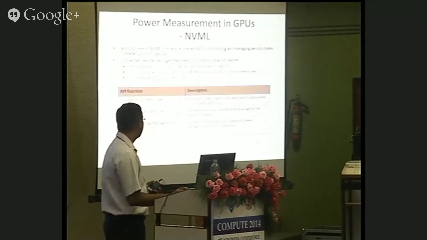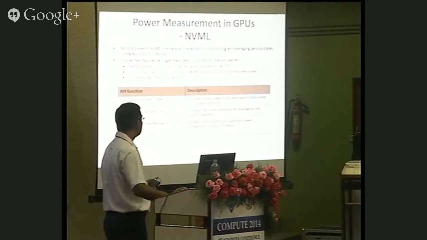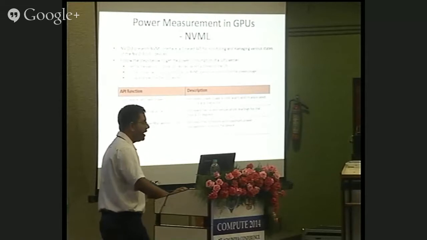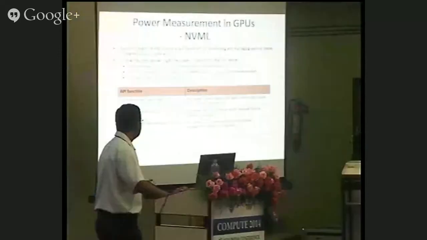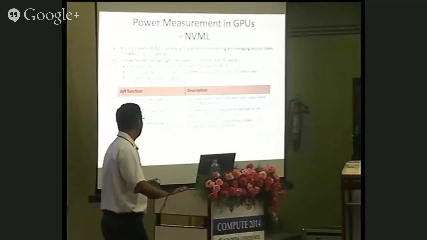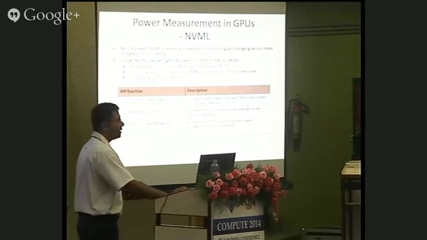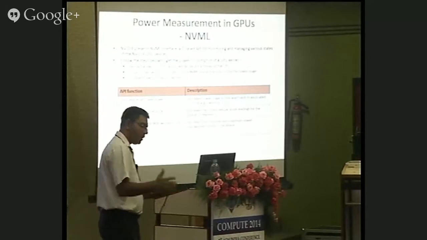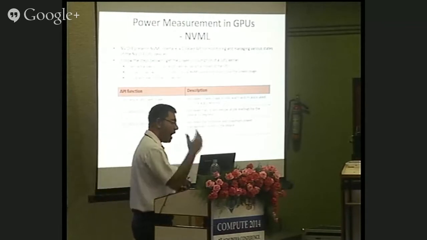If we compare this with the methodology for GPU, NVIDIA's GPU supplies something known as the NVIDIA Management Library, or NVML. It's a C-based API for monitoring and managing various states of NVIDIA GPU devices. Here we have to use two threads.